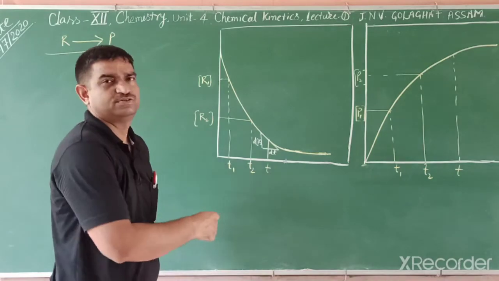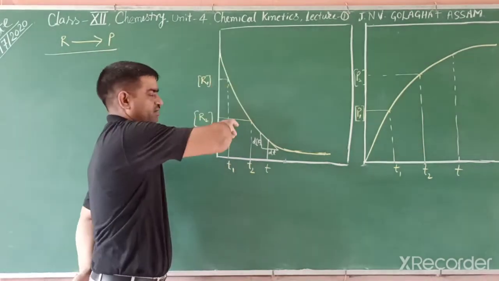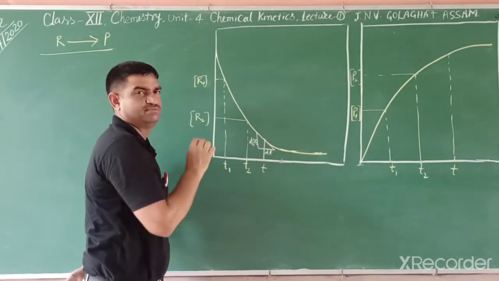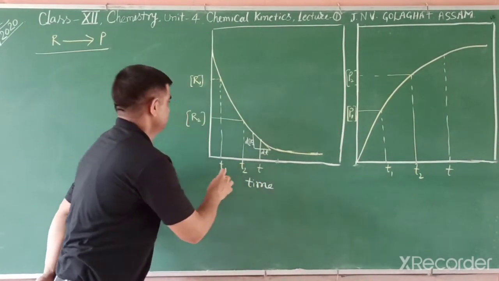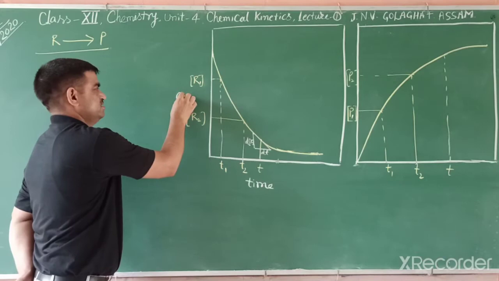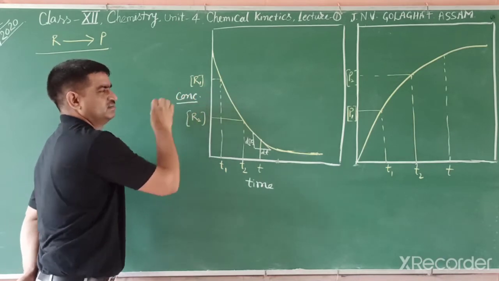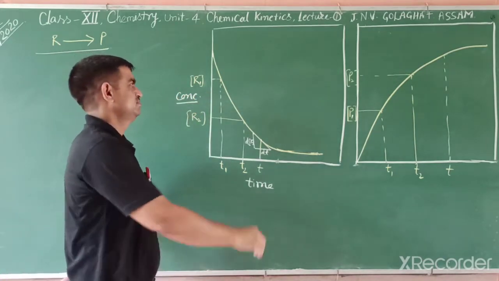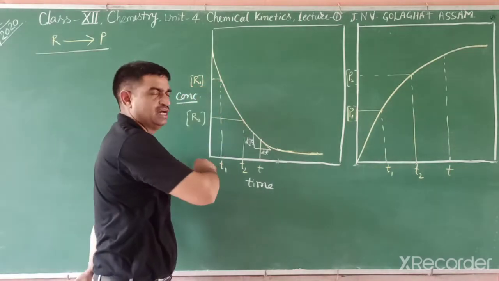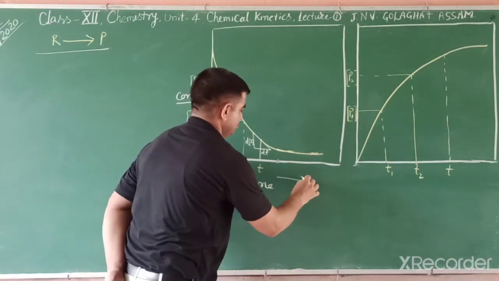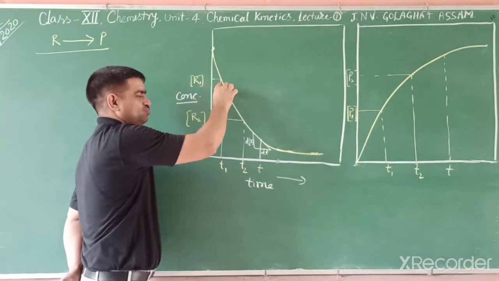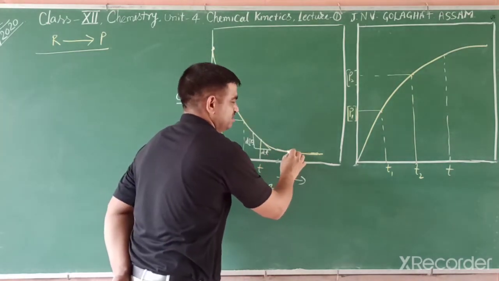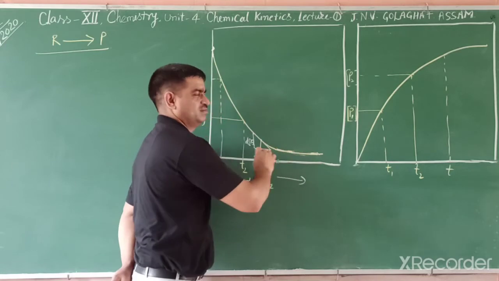So students, we can make a graph of concentration against time. On this side we write time and on this side we write concentration. For the reactant, we know that as time increases, the initial concentration decreases and goes constant in this way.